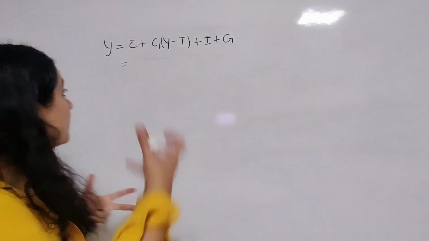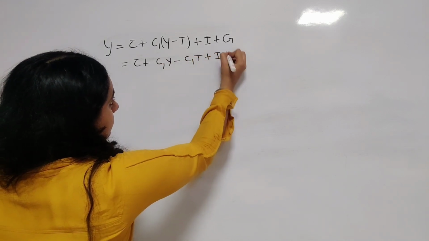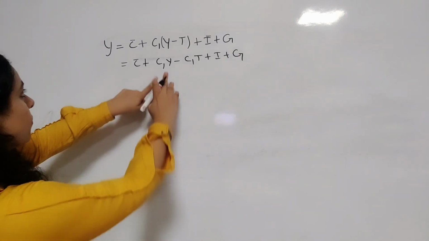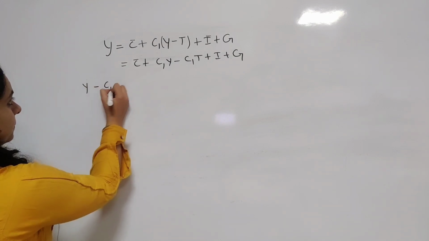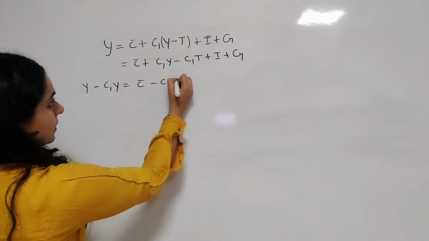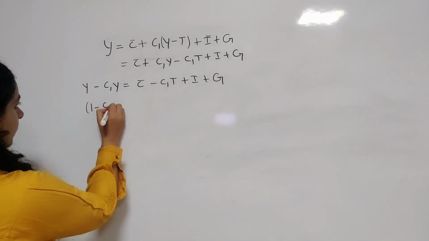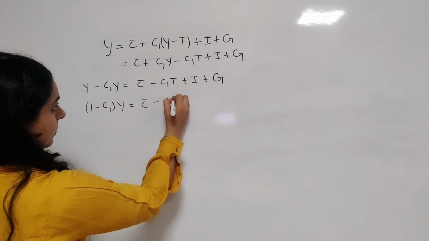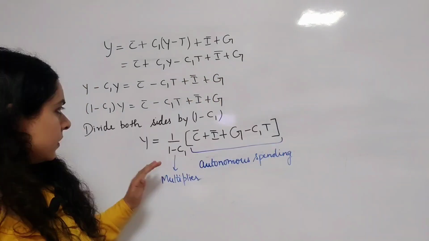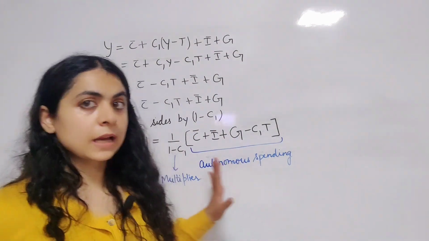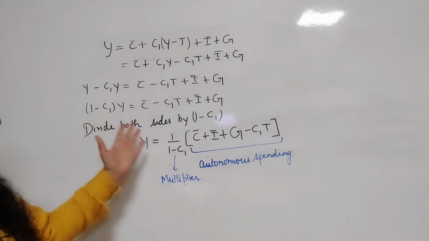Now let's rewrite the equilibrium equation, and here we have, now if I move this C1 Y to the left side, rearranging the right hand side of the equation and dividing both sides by 1 minus C1, we get the equilibrium condition as this.